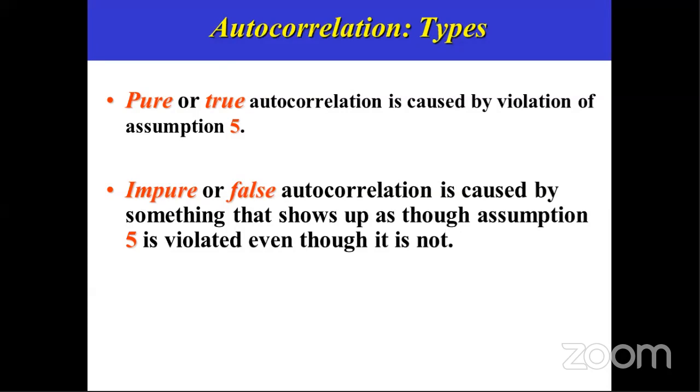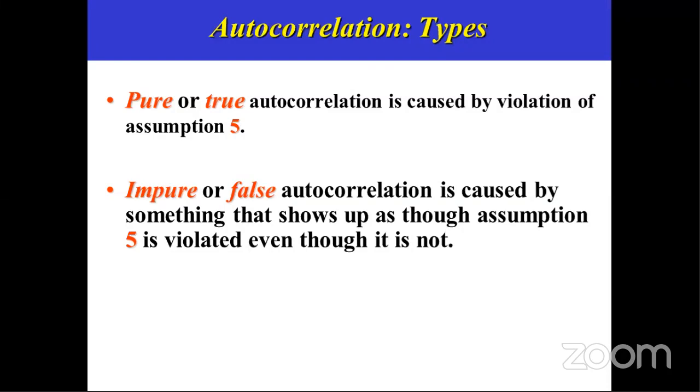But there are some situations where our regression results show up that there is a problem of autocorrelation, but actually there is not. That is called impure or false autocorrelation. So the false or impure autocorrelation is caused by something that shows up as though assumption 5 is violated, even though it is not.